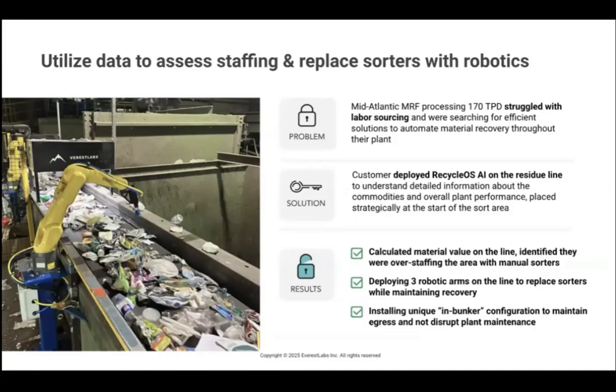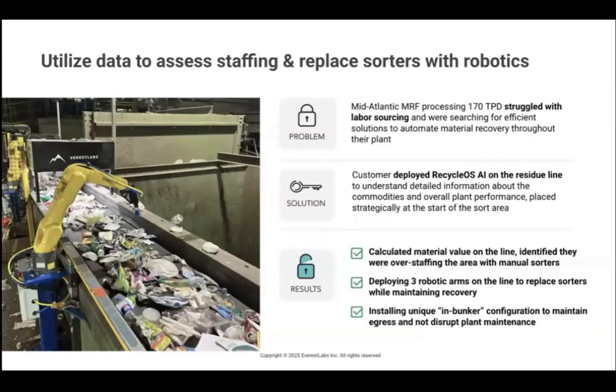And what they found was that there actually wasn't enough material value there to justify the 5 sorters to stand there and actually recover it. Since then, they've chosen to replace those 5 sorters with 3 Everest Lab robots, which will allow them to maintain recovery of the material while saving on labor costs.